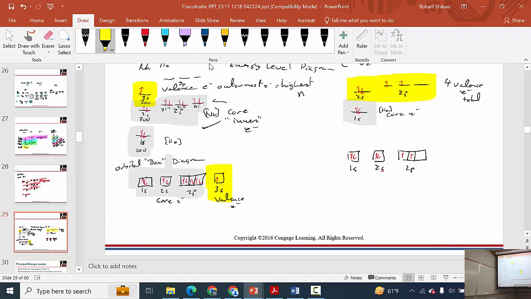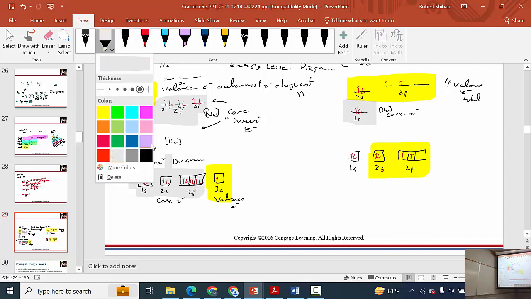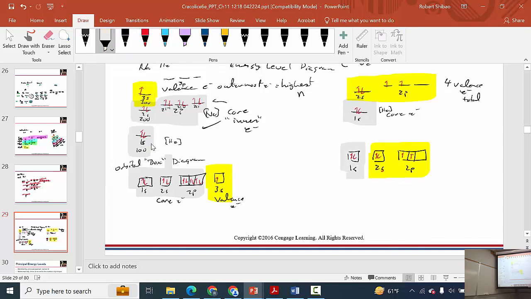Shown like that. The valence electrons are going to be these, the highest n. And the core electrons will be these here. These will be the helium core in this case.